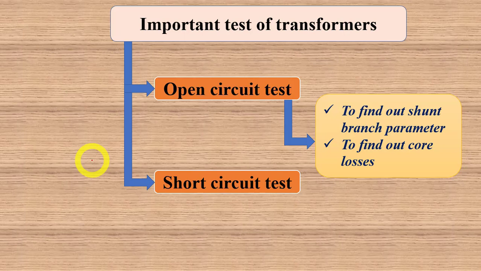And next is the short circuit test. The main objective of the short circuit test is to find out the copper loss at full load and the series parameters, that is R1, which is the lumped resistance of the primary winding, and X1, which is the leakage reactance of the primary winding.